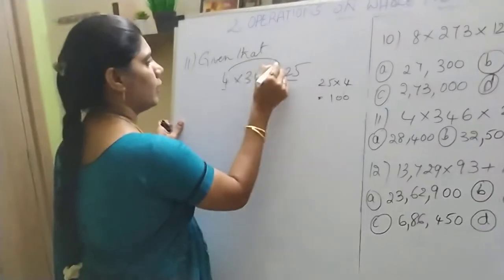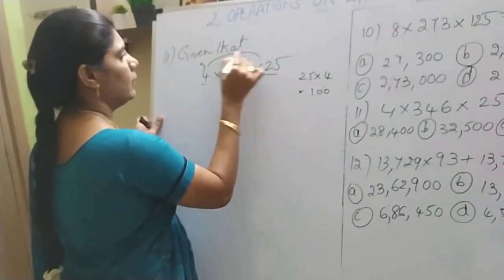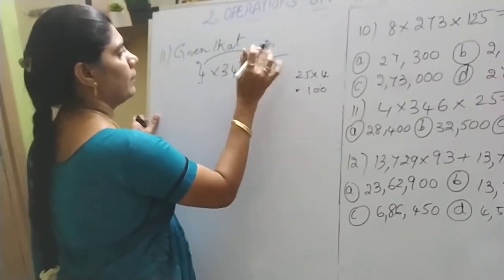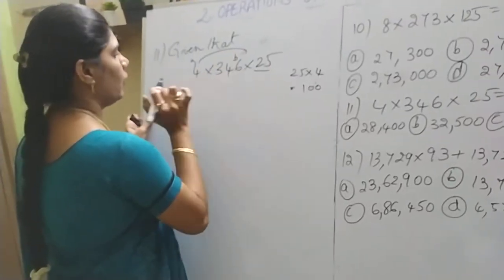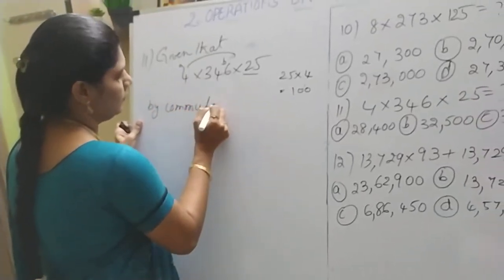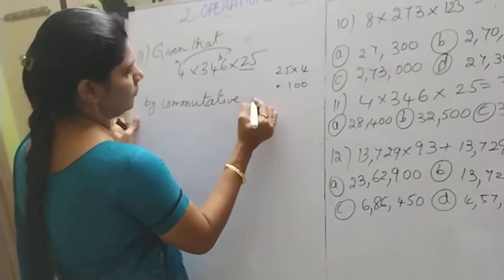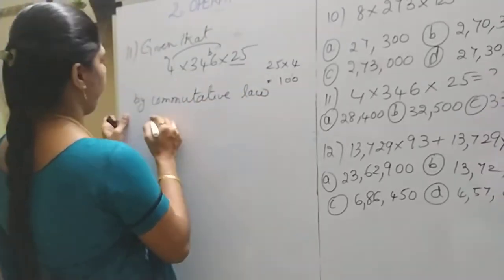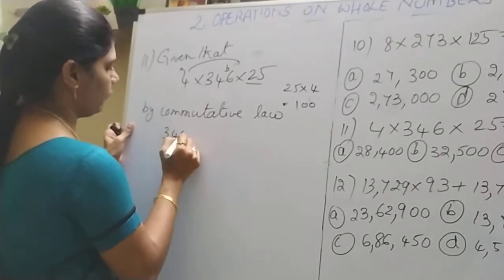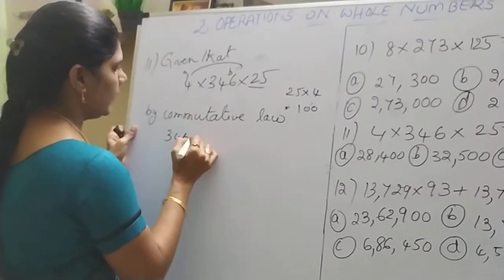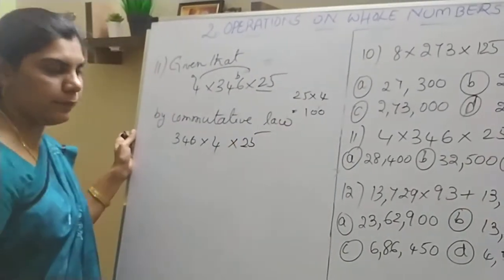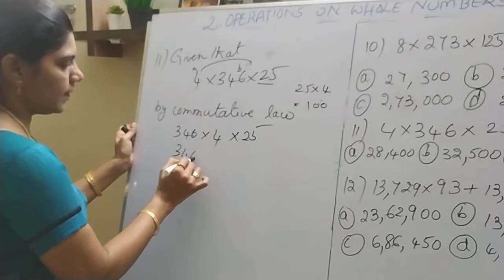So if you think that one as AB, I am converting these two. So by commutative property, I am exchanging. 346 into 4 I am writing here. After that this 25 as it is. 346 as it is.